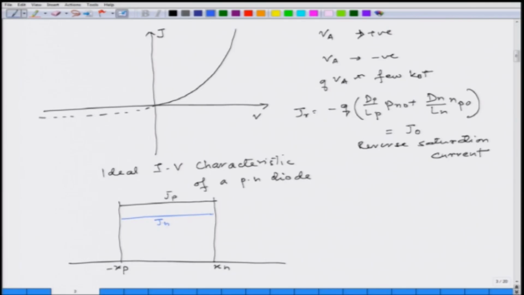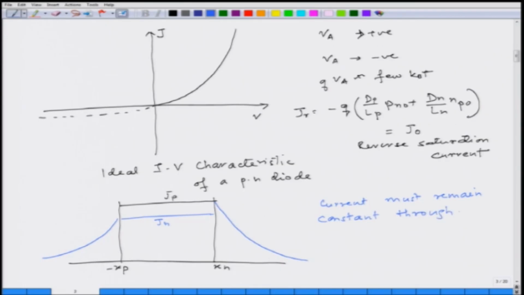Inside the depletion zone, it is the same because there is no recombination, but I also told you that this current is exponentially decreasing outside, which means this current is decreasing exponentially on this side, and it is also decreasing exponentially on this side and almost going to 0. Now, this does not make sense, because the current must remain constant throughout the device.